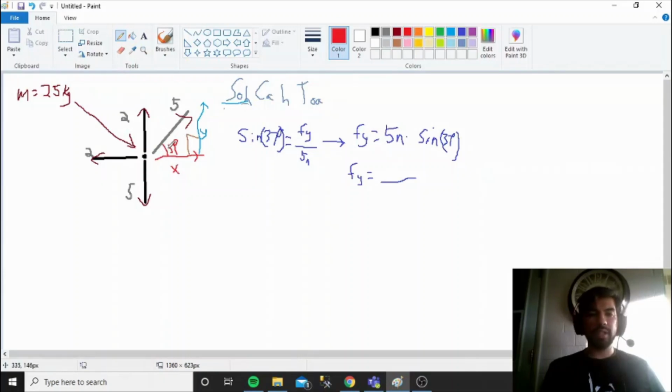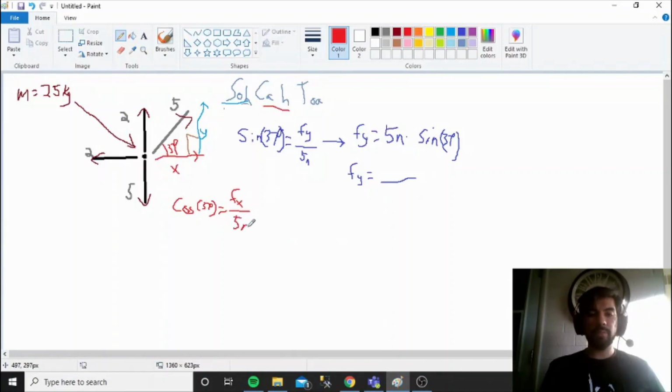Now after we do that, we're not done, but let's do the x. So 37 is right next to it. It's adjacent, so we need to use cosine. So cosine of 37 degrees is equal to Fx, the force on the x-axis, over my hypotenuse, which is 5.